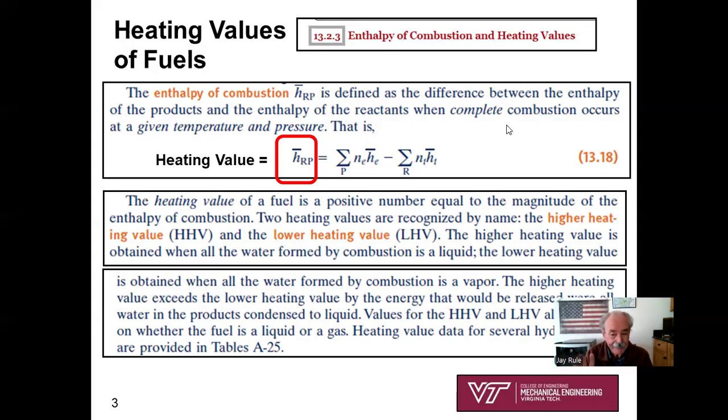That's good. It doesn't say anything about whether you're burning with pure oxygen or air. So your Chapter 13 knowledge should say, well, that would be a difference, wouldn't it, in terms of adiabatic flame temperature or heat release.